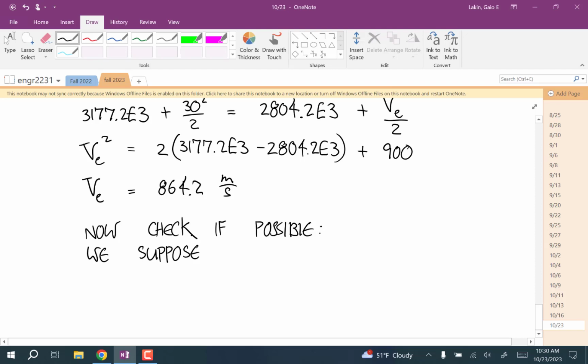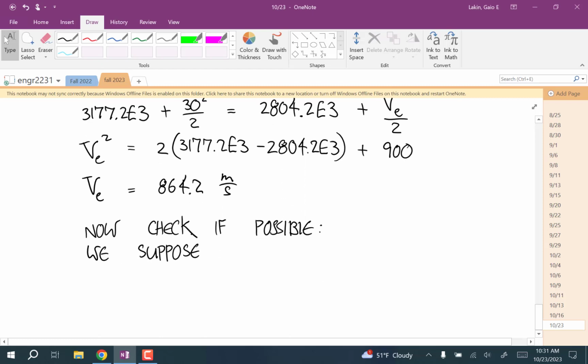A nozzle or diffuser? It got faster, right? So it's a nozzle. Yeah, that's right. So we're going to check it. So we supposed nozzle. Let's try that first.